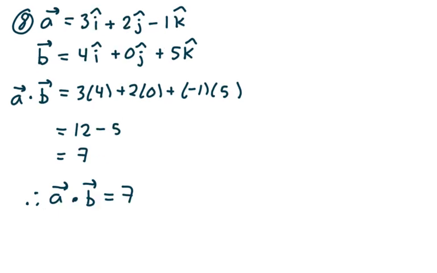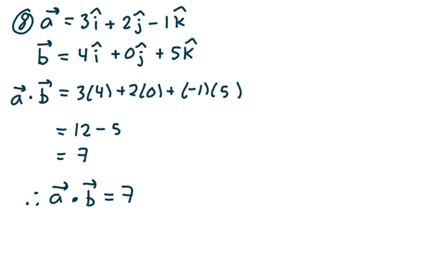Let's take a look at 8. Suppose A is the vector 3i plus 2j minus 1k. B is the vector 4i plus 0j plus 5k. The dot product of A and B is equal to 3 times 4 plus 2 times 0 minus 1 times 5.